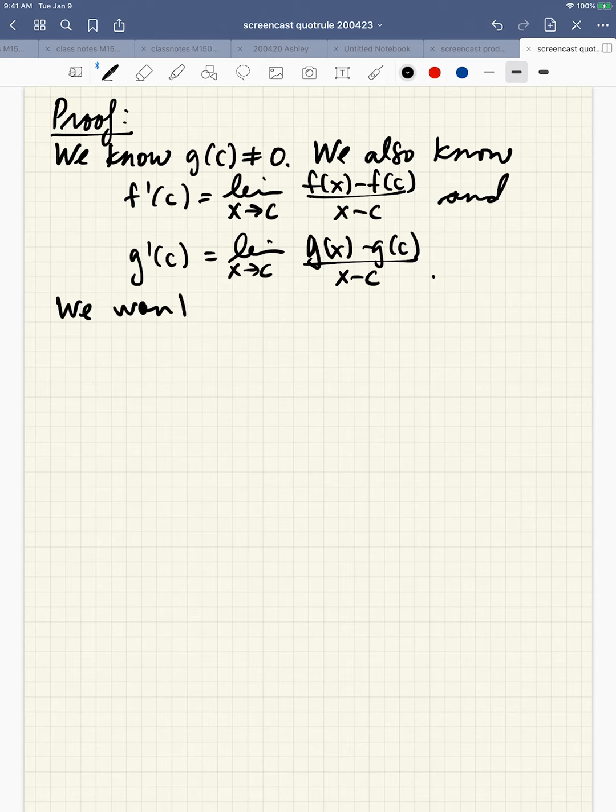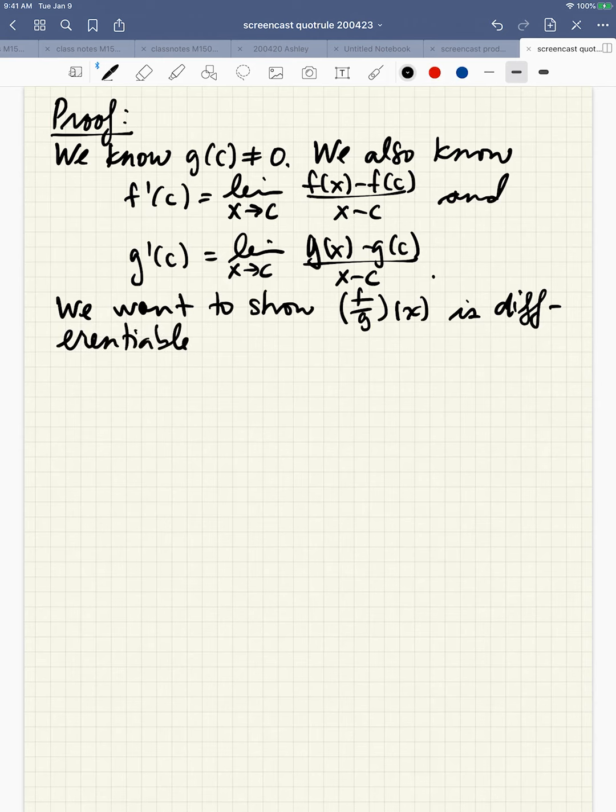We want to show the function f over g of x is differentiable at x equals c. So that means we want to be able to take the defining limit and show that limit exists.